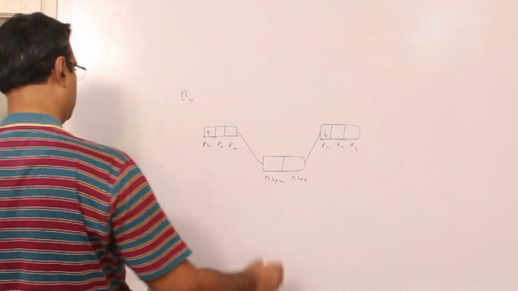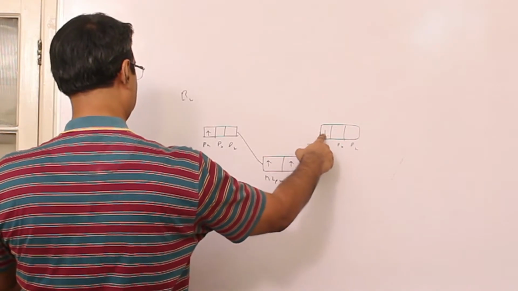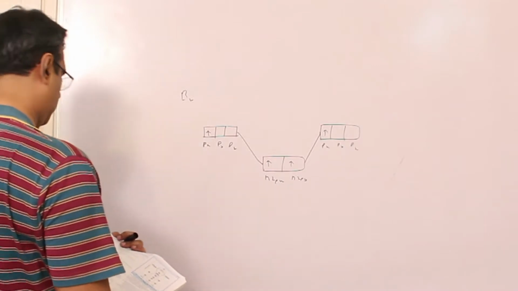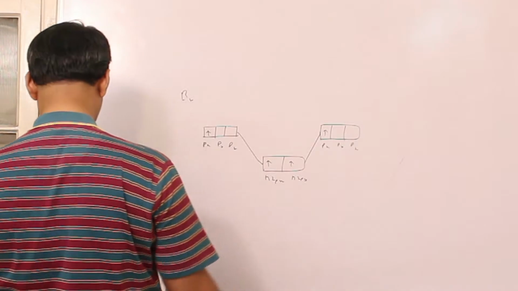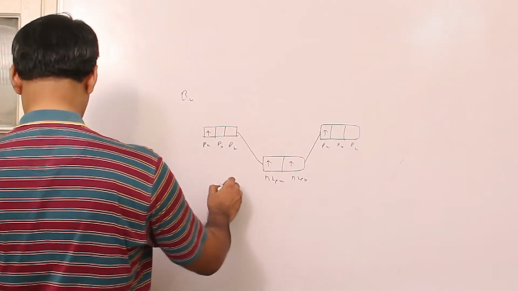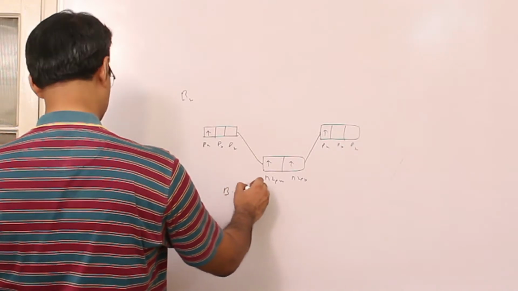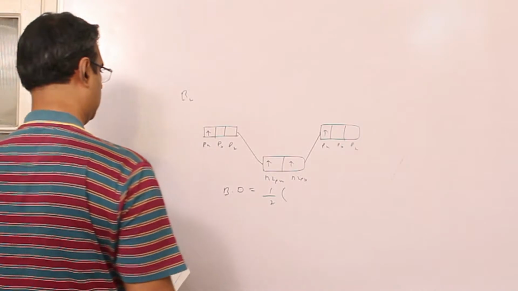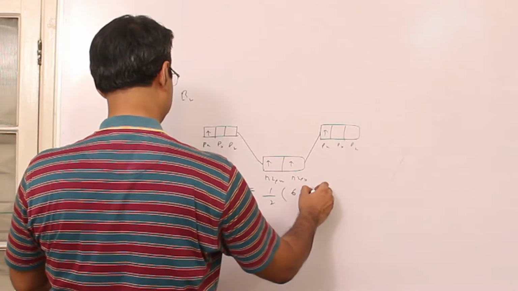So when you are writing down the configuration, you have to follow Hund's rule. That means there will be an electron in each of these. So what will happen is that the bond order will be half. Now prior to this you had 4 bonding, so now it will be 6.